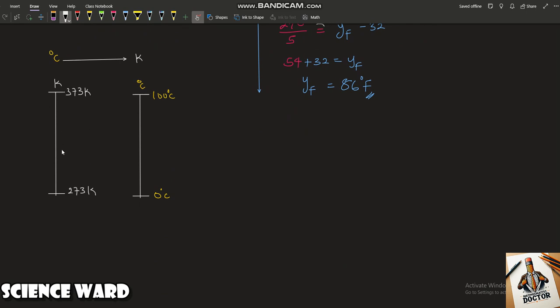So let us assume that when we dip our thermometer, which is graduated in Kelvin, into the hot liquid, it reads X Kelvin. And when we dip our thermometer, which is graduated in centigrade or Celsius, into the hot content, they are almost equivalent, trying to make sure they're of the same height.